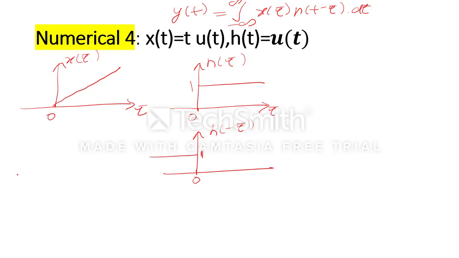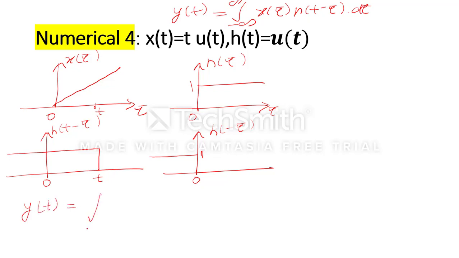Now I have to find the overlapping area. So definitely I am going to shift it towards the right side, h(t minus tau), because at the left side there will be no overlapping area. So 0 to t. Here t will come. So when I put it in the formula, it will become y(t) is equal to, limit will be 0 to t. Instead of x(tau), it becomes tau multiplied by 1 d tau.